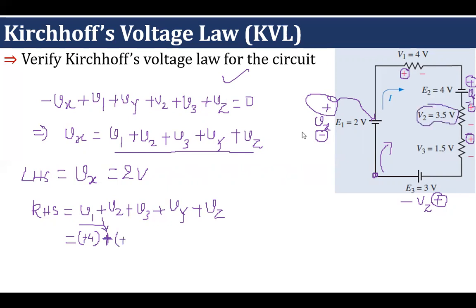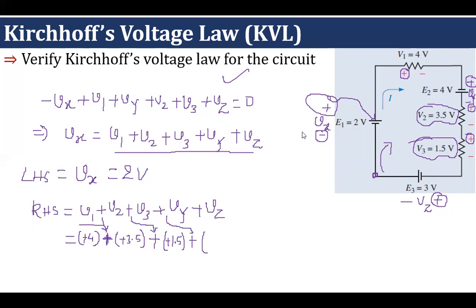So this is plus 3.5. Okay, again we have to mark plus. This is the plus from KVL, and now we have to write V3. Okay, so how much is V3? 1.5. So again I will write plus 1.5. Okay, plus sign again from the KVL.